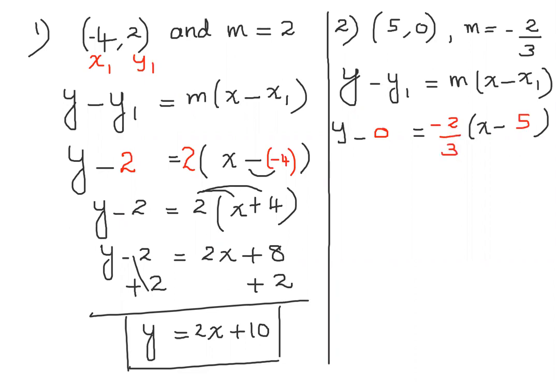So y minus 0 is going to be y, and distribute the -2/3. We get -2/3 times x is -2/3 x. Negative becomes positive, -2/3 times -5 is +10/3. The y is by itself, so we got our final answer.